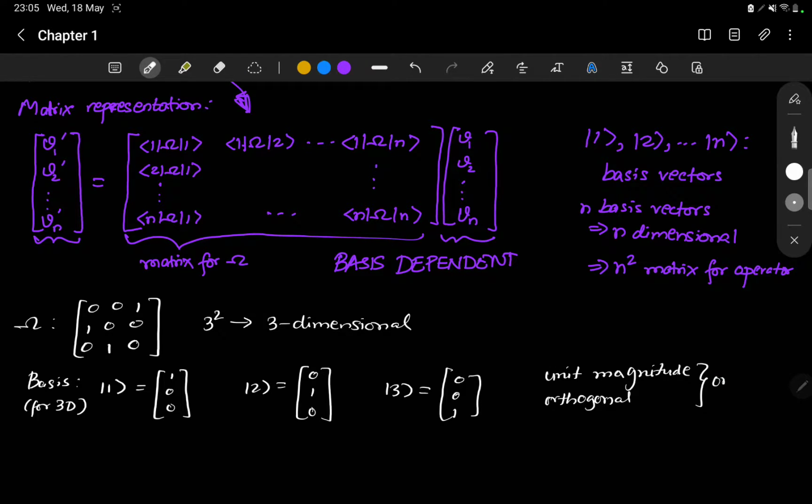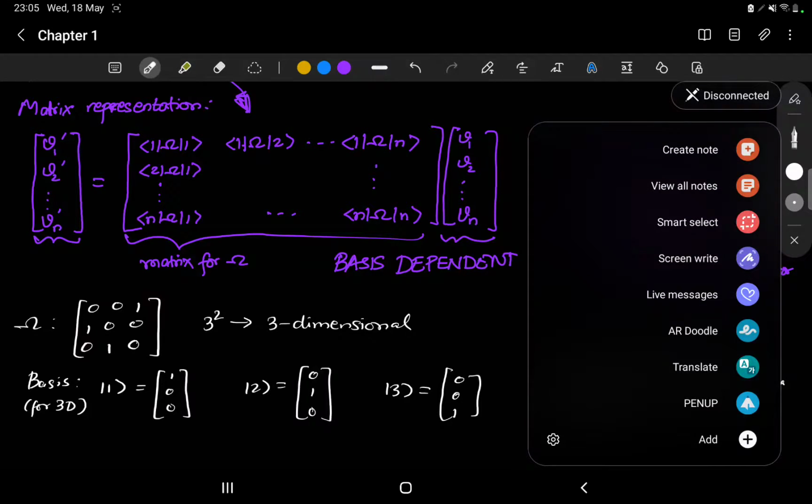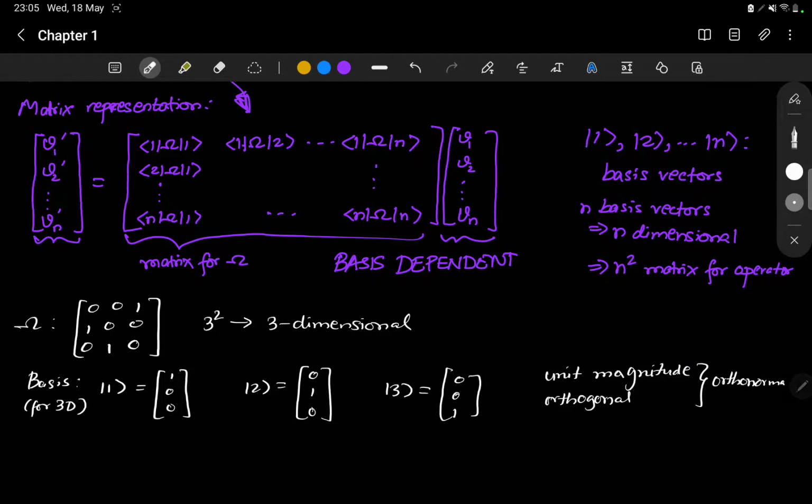So this particular set of basis vectors 1, 2 and 3 form an orthonormal set of basis vectors.